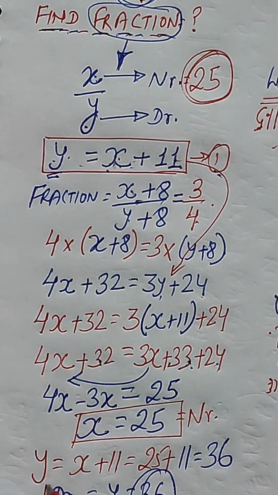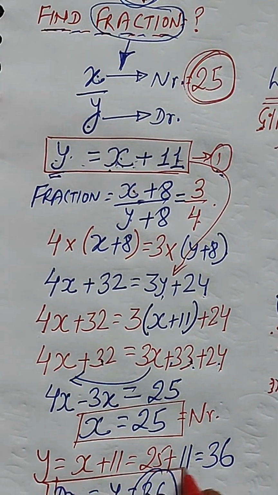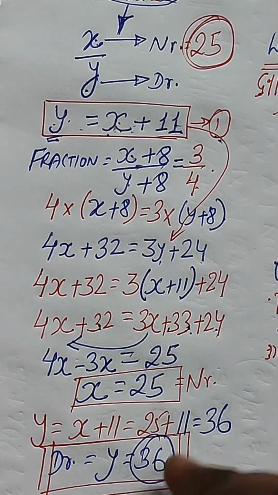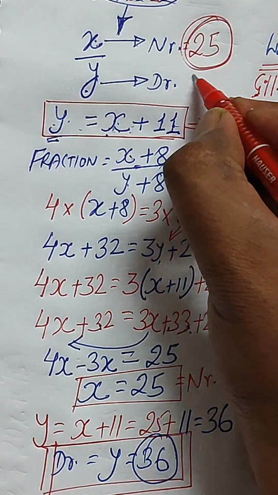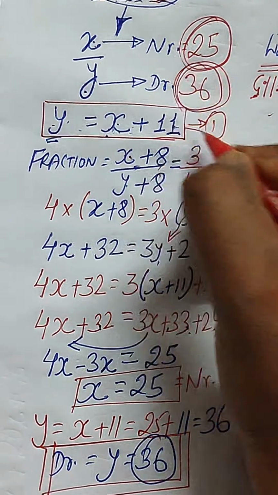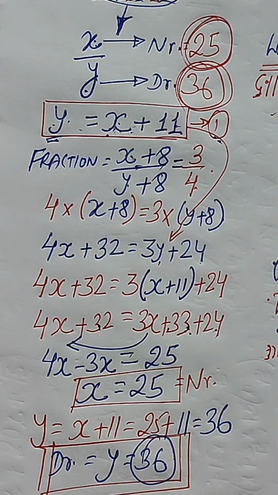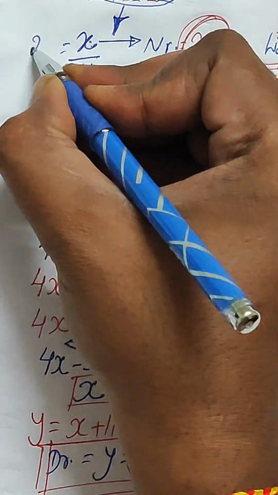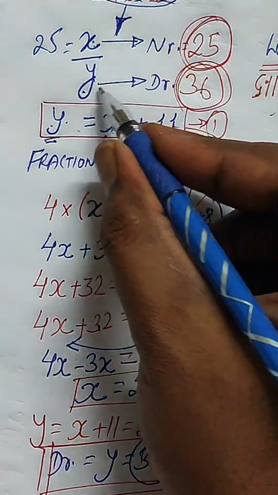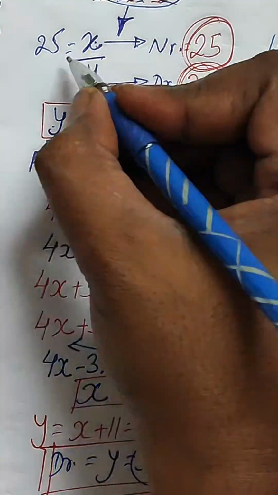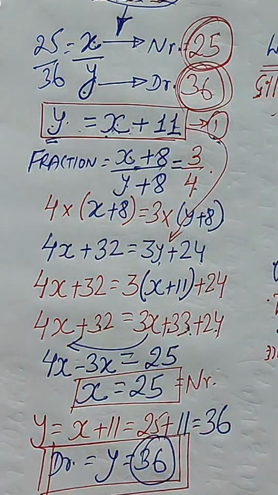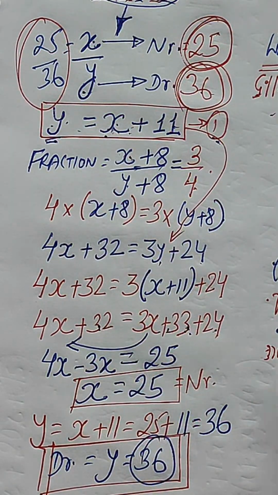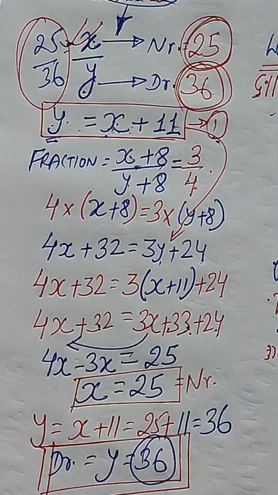In this way, the denominator is also calculated, and here we can write the denominator as 36. So what is the fraction? 25 by 36, because x is 25 and y is calculated as 36. In this way we have solved this question, and the answer is 25 by 36, right?